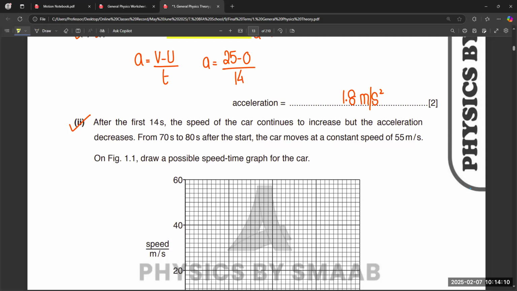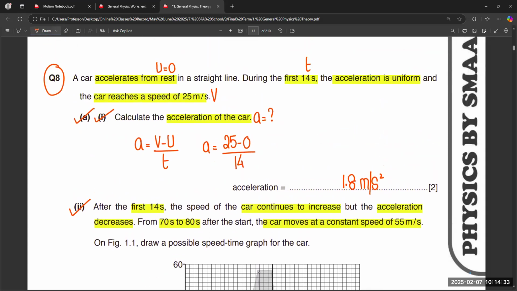Second part: after the first 14 seconds, the speed of the car continues to increase, but acceleration decreases. From 70 to 80 seconds after the start, the car moves at a constant speed of 55. So draw a possible speed time graph. Okay. So we know that initially we start from 0 and during the first 14 seconds, the car accelerates uniformly and reaches the value 25.